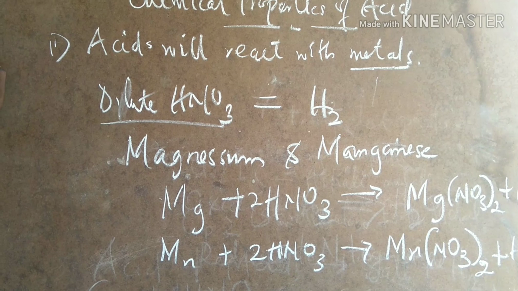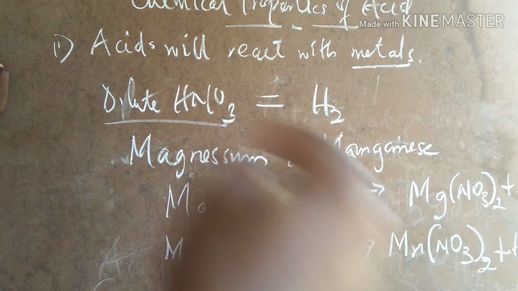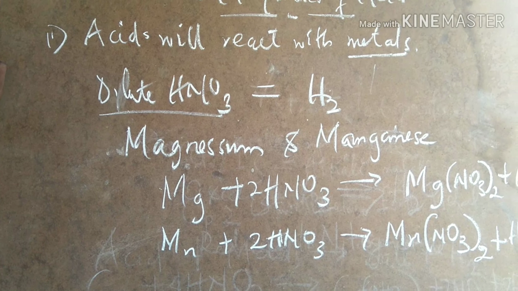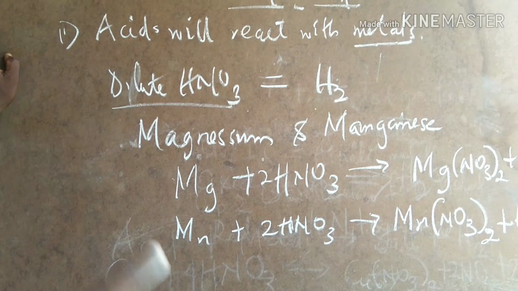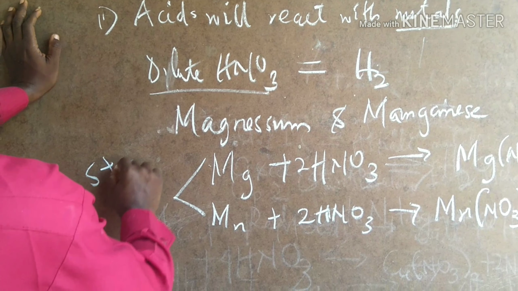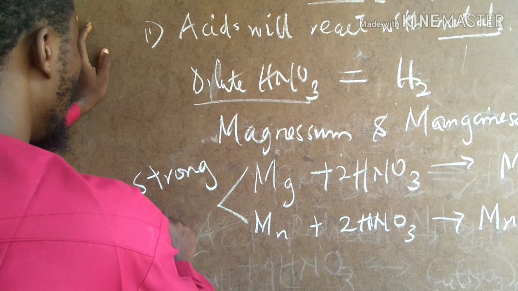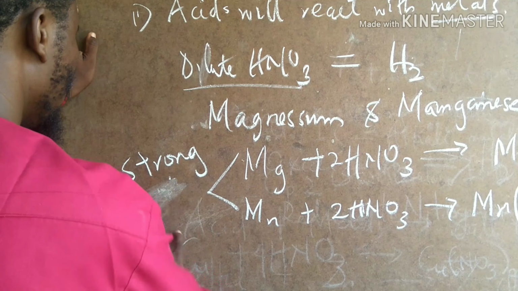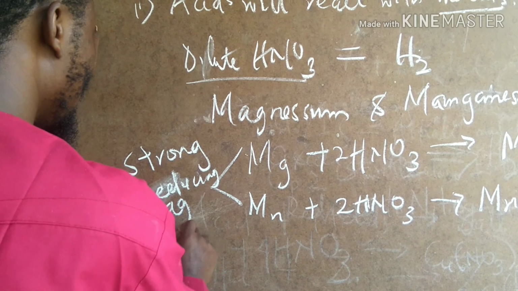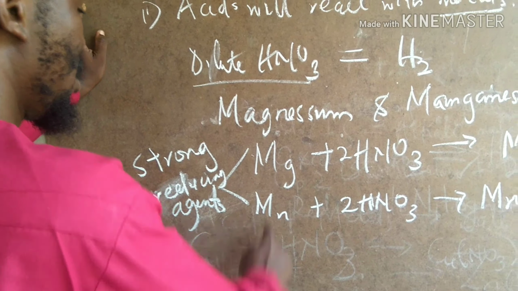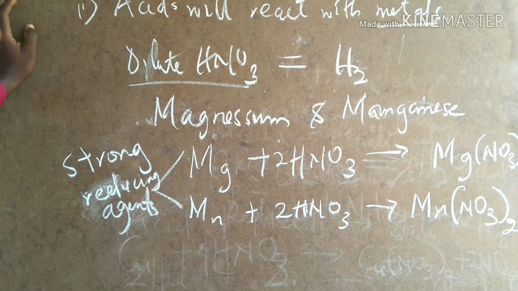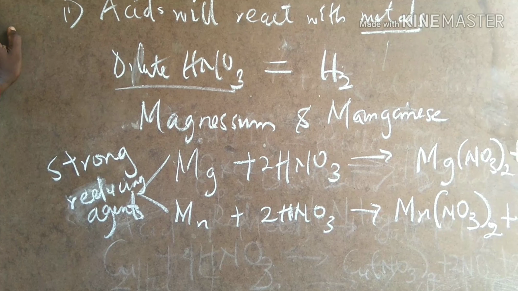But we are saying that we still have two elements that will react with nitric acid and at the same time give us what? Hydrogen gas. And the reason for that is because magnesium and manganese are what? Are strong reducing agents. Note that magnesium and manganese are strong reducing agents.